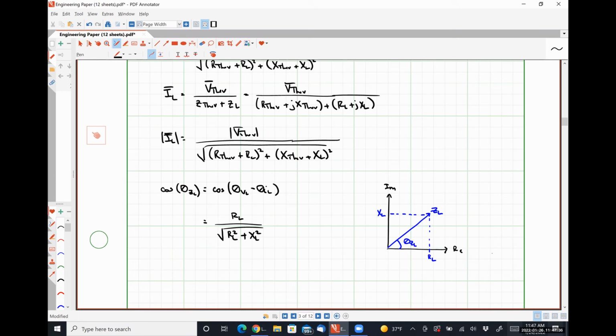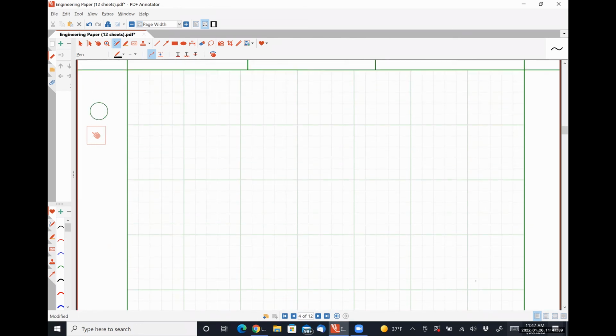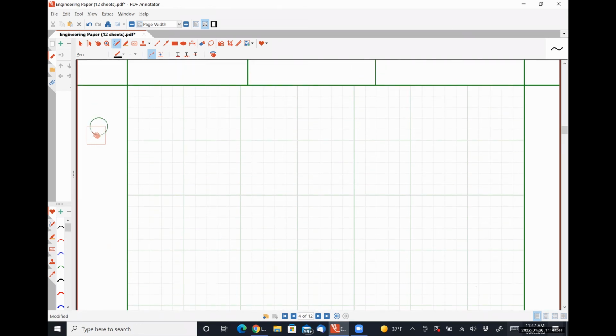From these relationships, we can substitute in and find that PL average is 1/2 times, let me do the denominator here first, the square root of (R Thevenin plus RL) quantity squared plus (X Thevenin plus XL) quantity squared.